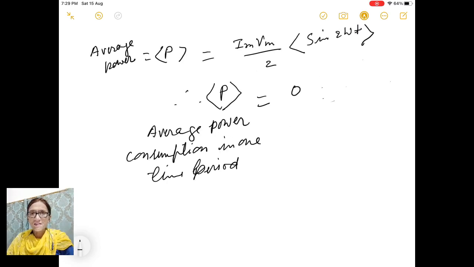So in an AC circuit, if we are to resist alternating current, instead of using any resistor, we use either an inductor or a capacitor, because these provide resistance to current without consumption of any power.